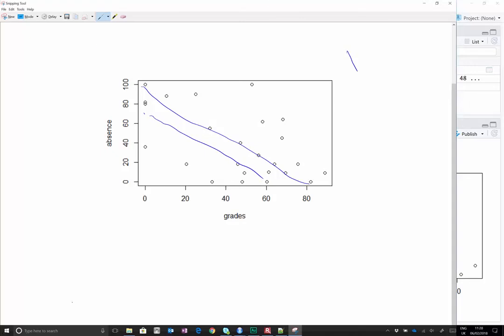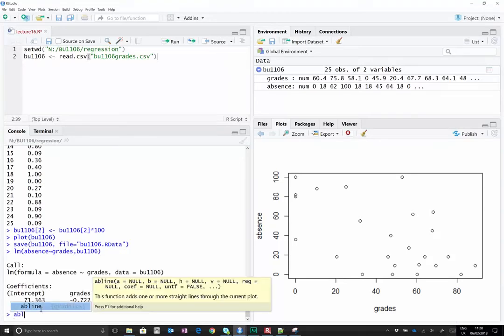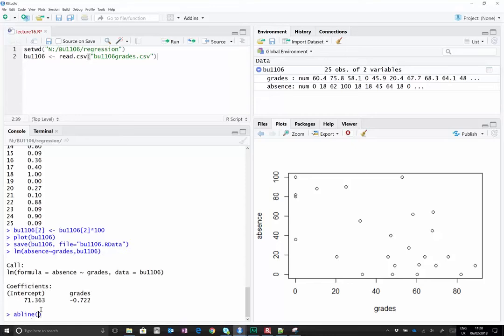Okay, let the computer draw it. Where did my mouse go? Okay. So the command here is abline. And then I'm lazy. I can copy this all into abline. Or actually, I'm even more lazy. Instead of having to type that all the time, let's store it away.